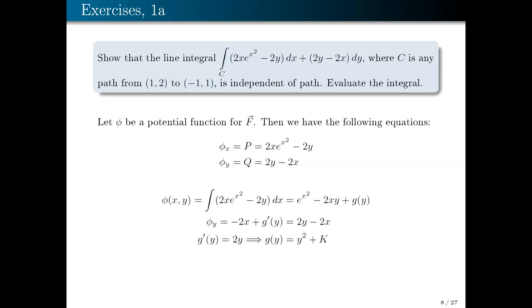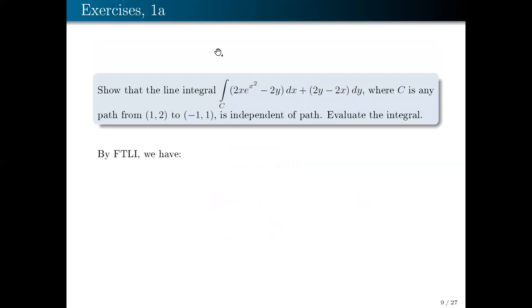Okay, and that will now allow us to write the final form of phi of xy by plugging in this expression over here. So that gives us e to the x squared minus 2xy plus y squared plus k. So we will be using this one in evaluating the integral later by FTLI.